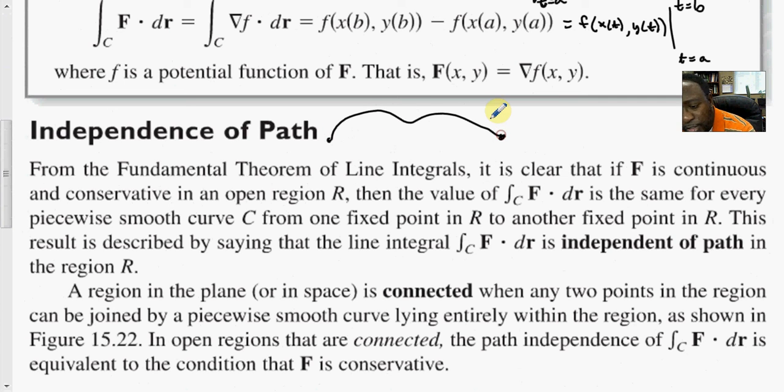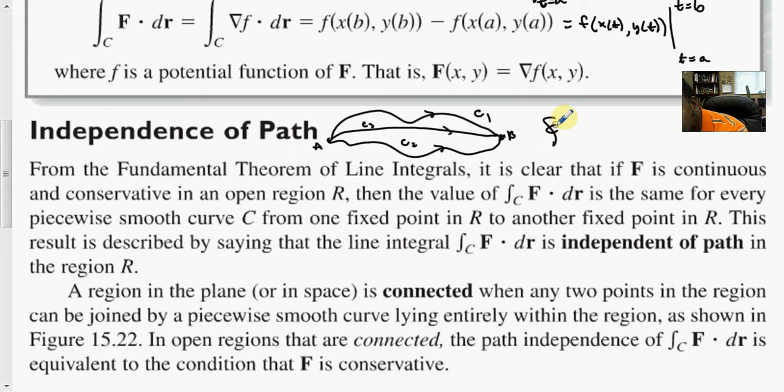If you move along this path, say, for example, call that C sub 1 for that curve, or if you move along this path, call this C sub 2, or if you move along this path, let's call that C sub 3, then if when you compute the line integral going on C1 from some fixed point A to some fixed point B, or if you go along C2, go along C3, they're all the same, then we say that the line integral is said to be independent of path.